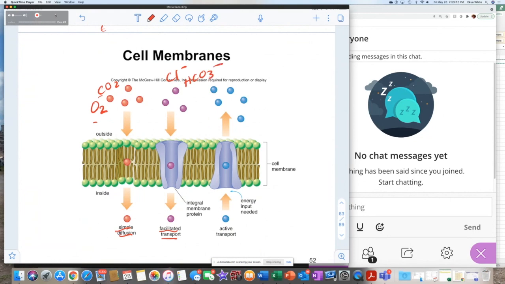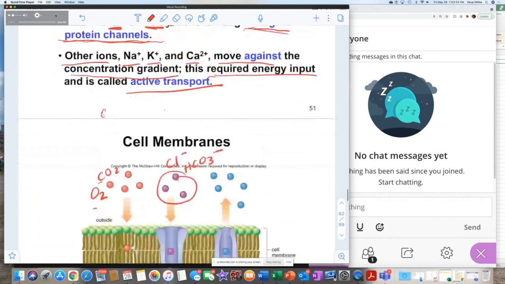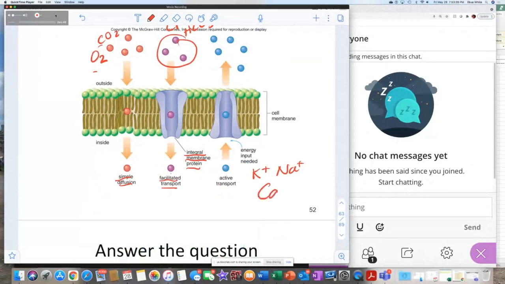They need help, and the help they get here is they have that tunnel, the integral membrane protein, and then they travel from a high concentration to a low concentration, which happens naturally. Now, when it comes to the ions, the potassium ions, the sodium ions, these ions are very important in the functioning of your cell. And then, of course, you also have calcium ions for your bones. These are so important.